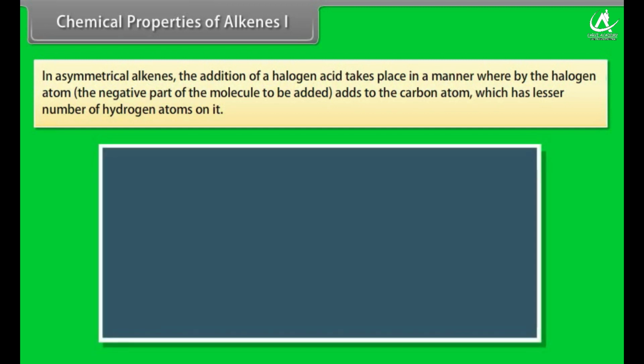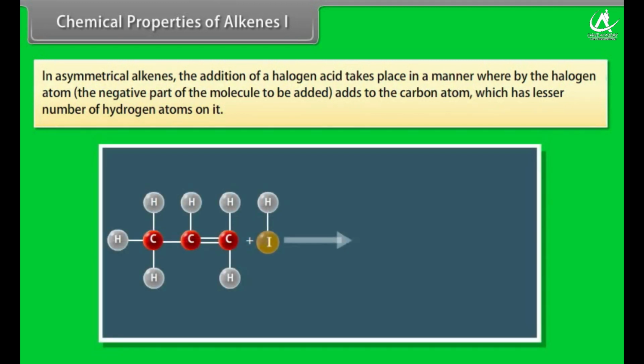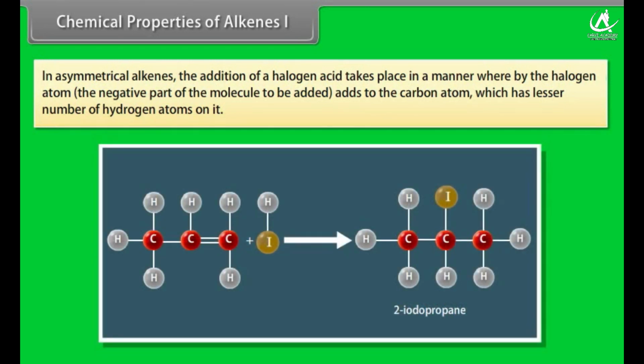For example, in the case of propene, the product obtained is 2-iodopropane and not 1-iodopropane. This rule of addition of halogen acids to an asymmetrical alkene is known as Markovnikov's rule.